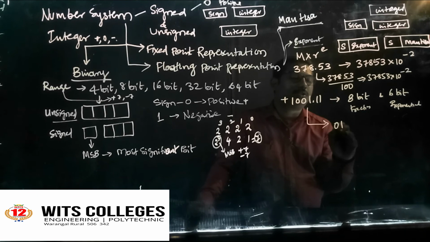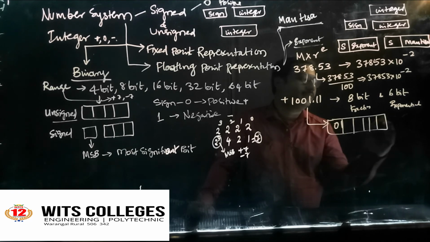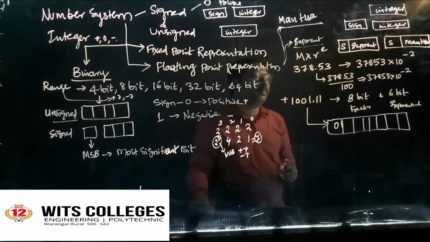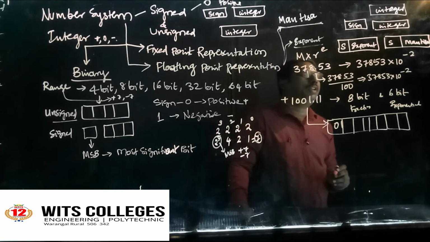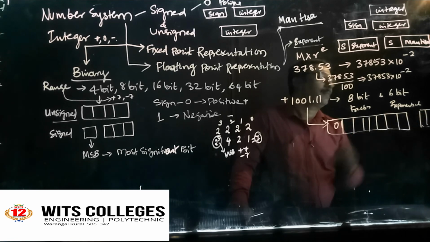So one thing, 8 bit means 1 column, 2 column, 3 column, 4 column, 5 column, 6, 7, 8. 8 bit. Okay. And next is 6 bit. 1, 2, 3, 4, 5, 6.